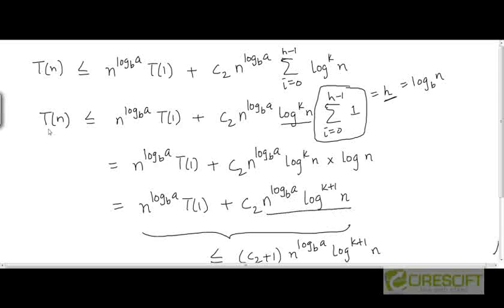Because we need to show that T of n is bounded from above by some constant multiple of this function. Now we do have this term, but this is a lower order term because this is n to the power log base b of a multiplied by another function of n.